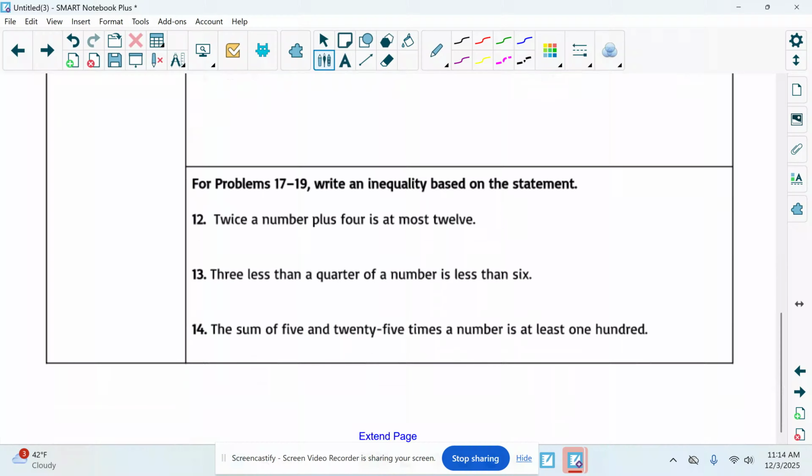Look at number 12. Twice a number plus 4 is at most 12. Look for where it's getting parted first. Is at most 12. What symbol does is at most represent? Greater than or equal to.